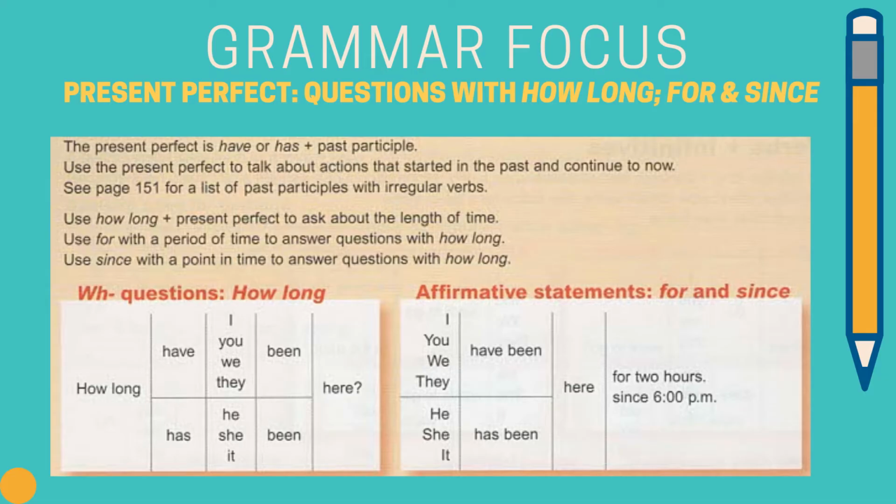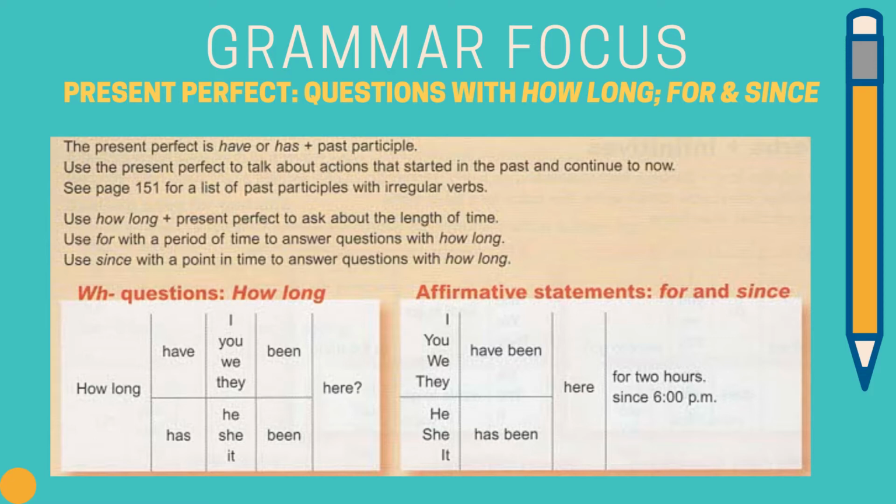The grammar focus today is the present perfect questions with how long and then answers using the words for and since. So again, the present perfect is have or has plus the past participle.